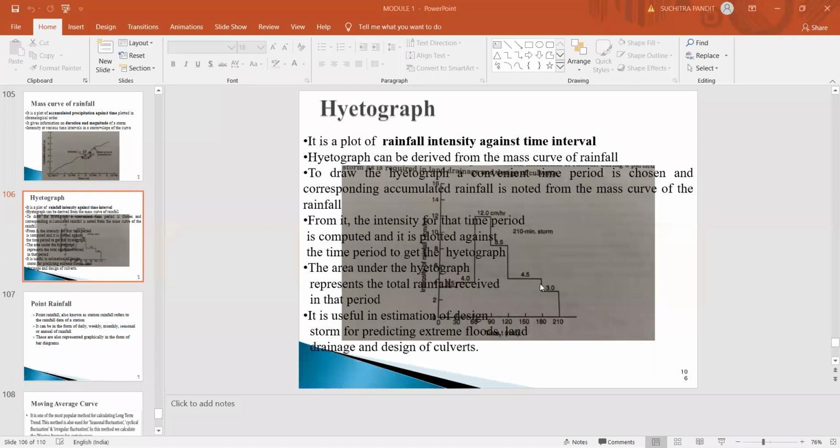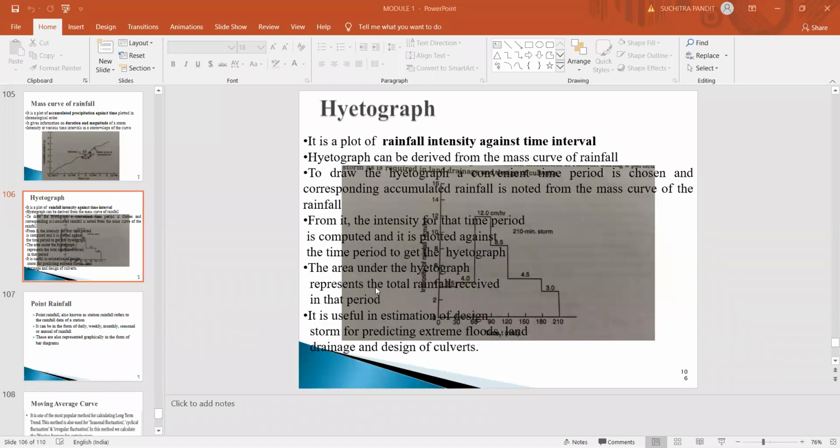Now you can see here, these are the intensities of rainfall at various time intervals of the day. So basically the mass curve is a plot of accumulated precipitation versus time, whereas the hyetograph is a plot of intensity of rainfall in centimeters per hour versus time. So thereby you can get the depth of rainfall at different time intervals of the day.